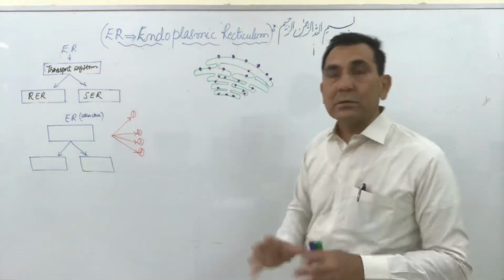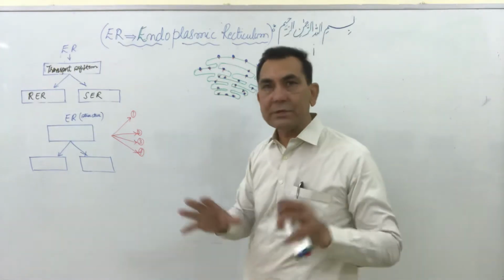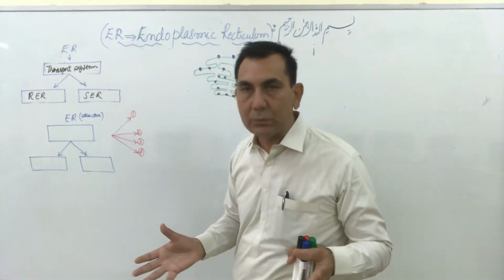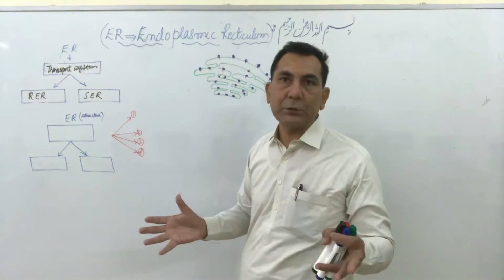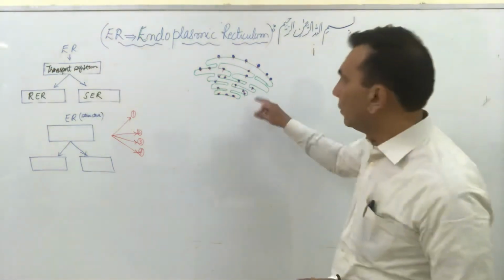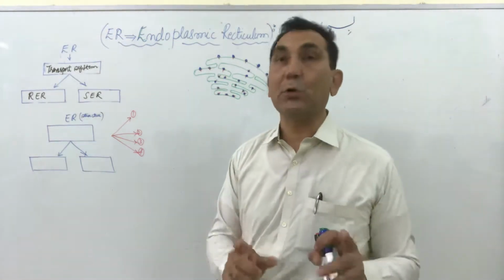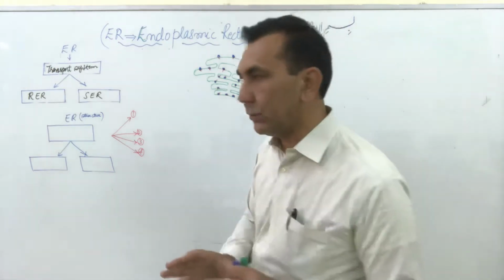If the ribosomes don't attach to the surface, it is called the smooth endoplasmic reticulum. So in today's lecture we will learn just about the rough endoplasmic reticulum.